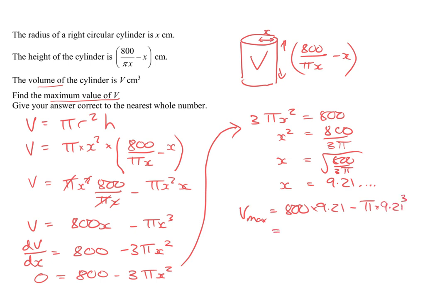You put that into a calculator and your maximum volume is 4913.69, and so on. We are asked to do it to the nearest whole number. So Vmax is equal to 4914, because the 6 here tells us that we round the 3 up. So it's 4914 centimeters cubed.